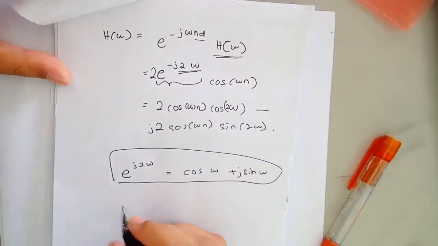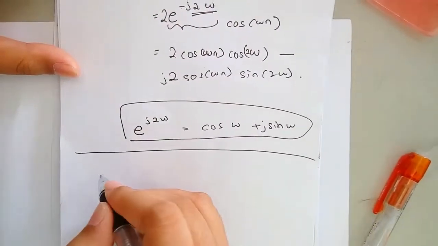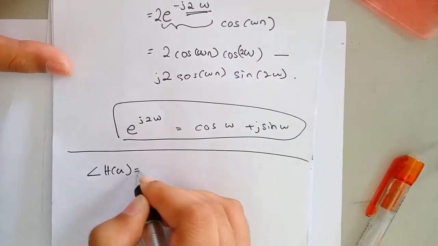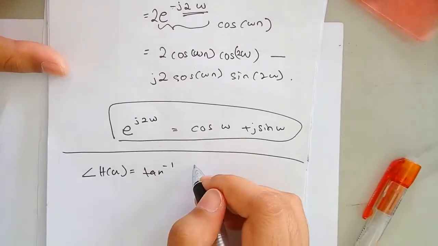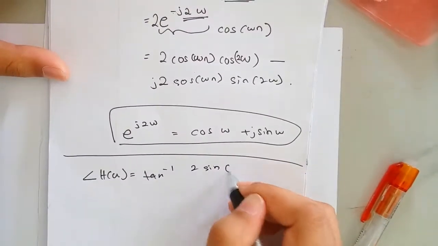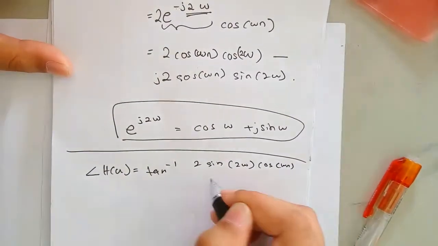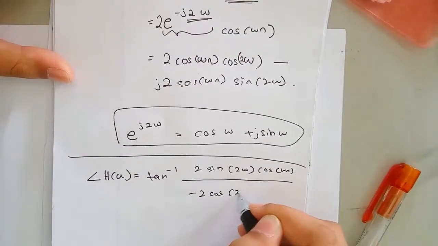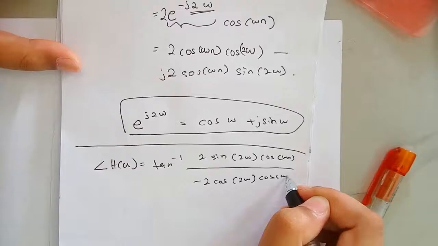From the equation in the notes before, the phase of H omega equals the tangent inverse of negative 2 sine 2 omega times cos 2 omega over 2 cos 2 omega times cos 2 omega.